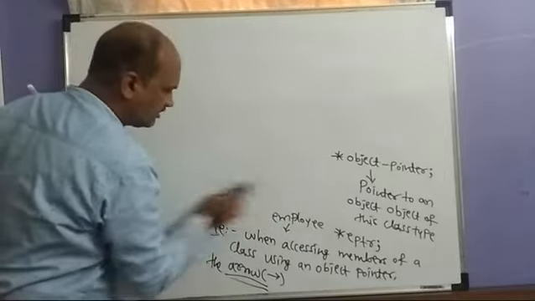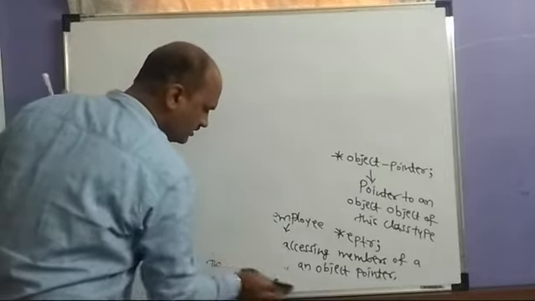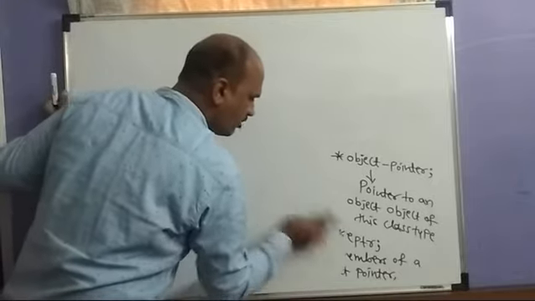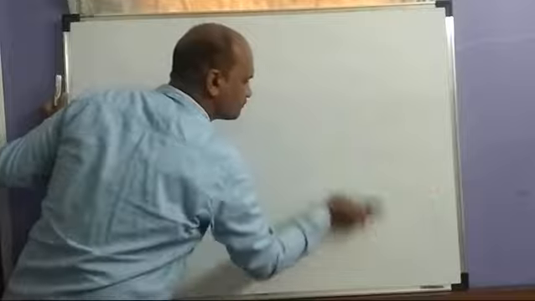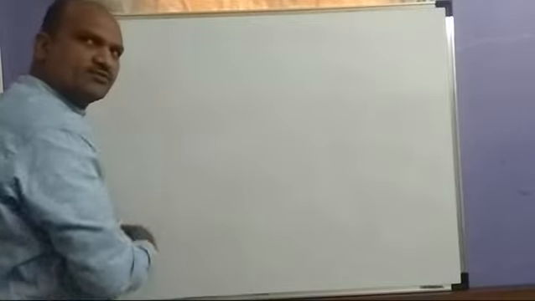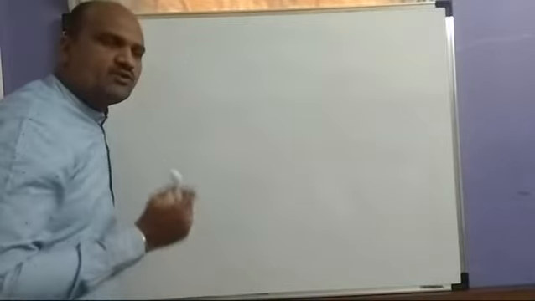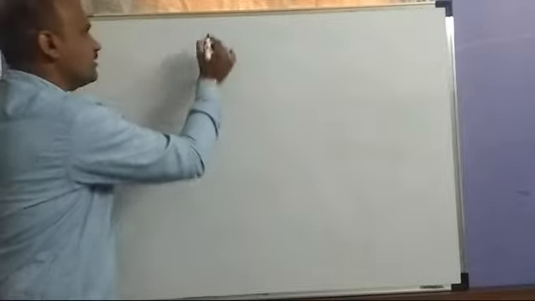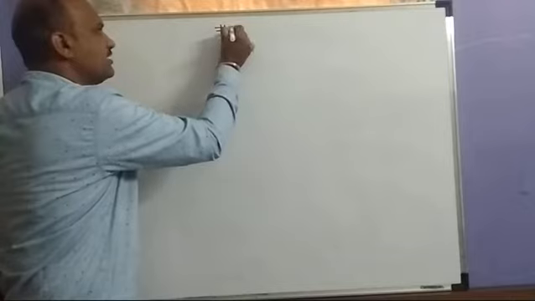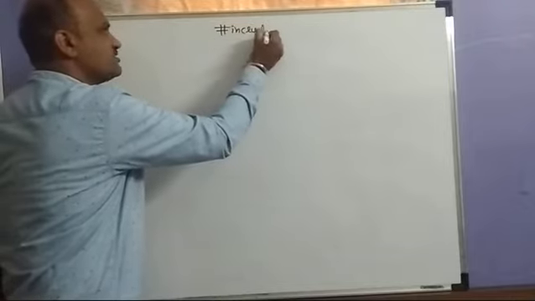Generally for accessing objects you use the dot operator, but in the case of pointers and objects we use the arrow mark. That is very important. So we'll write a simple program for this.